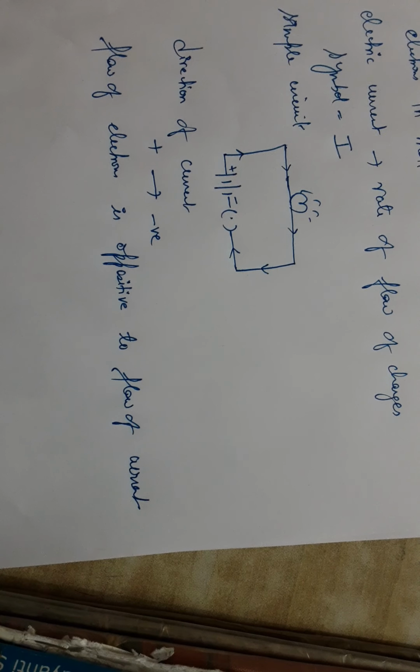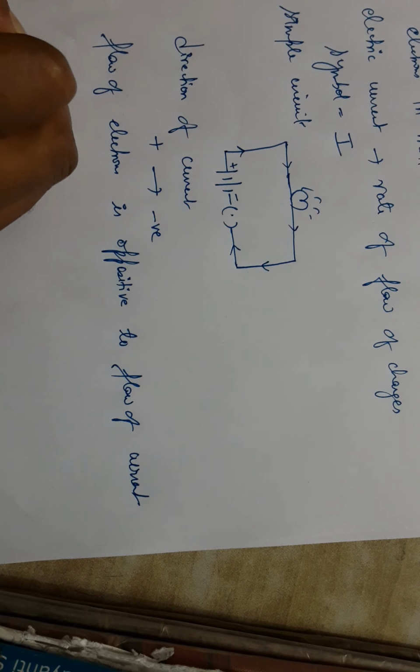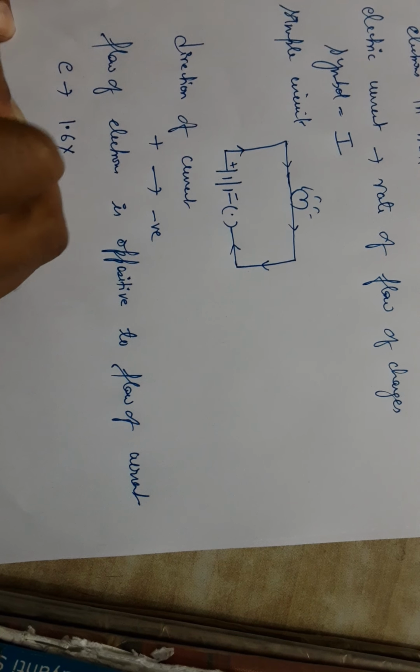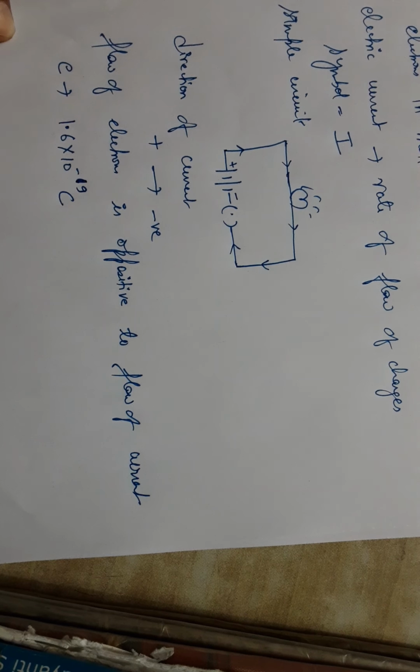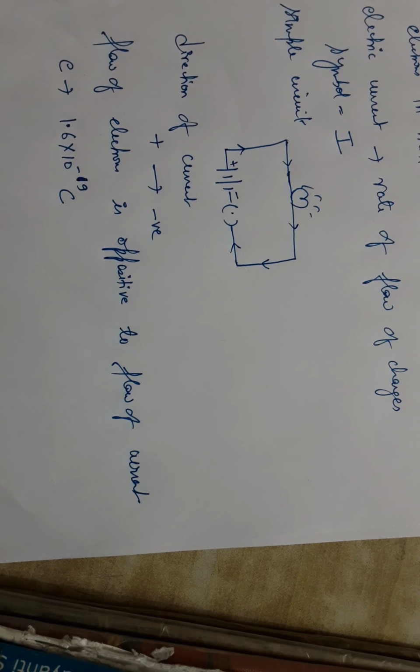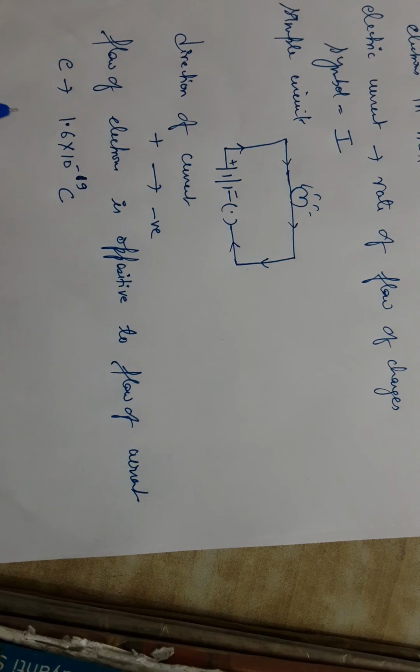Now, as I have described, we know the charge carried by an electron is 1.6 into 10 to the power minus 19 Coulomb.